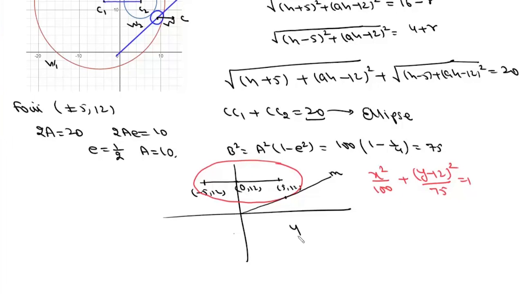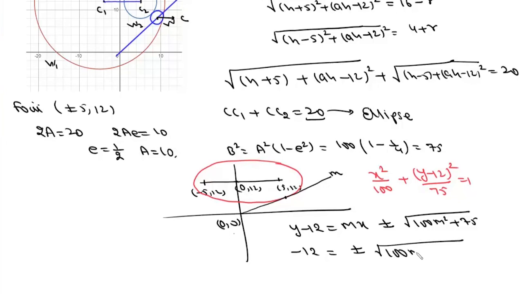So it will be y minus 12 equals mx plus minus the square root of a square m square plus b square, so it will be 100 m square plus 75, and we want this tangent which passes through 0, 0. So we'll put x as 0 and y as 0. So there will be minus 12 equals plus minus the square root of 100 m square plus 75.